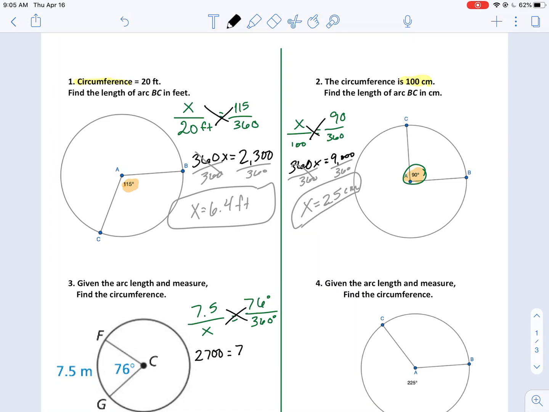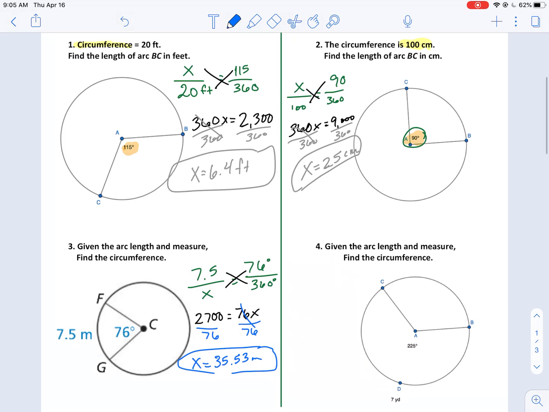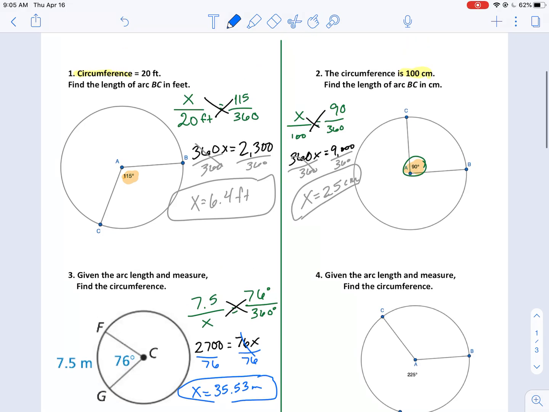So this is the arc measure again. All right, now we're going to cross multiply. That's never going to change. So I'll take 7.5 times 360, and I'll get 2700 equals 76 times x. And now our very last step is we're going to divide by 76 to get x by itself. And the whole circumference is going to be 35.53.